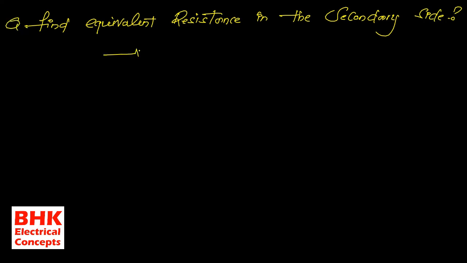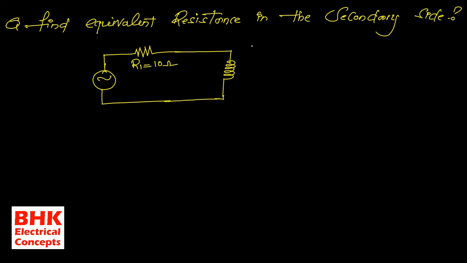So I am considering the same problem, the same equivalent circuit here. R1 is equal to 10 ohms, which I have taken in the previous step also, and this one is the value of R2. R2 is equal to 5 ohms, as we took.